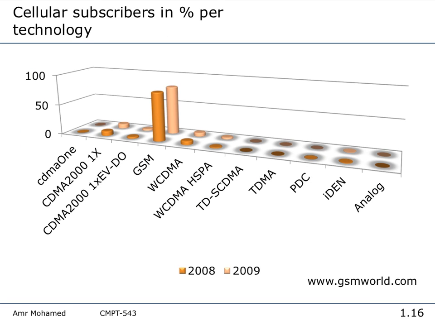So this is how it looked like. Again, this is pretty old, from 2008 and 2009. And as we can see, there is a huge peak for GSM compared to all other technologies, right? So GSM is really the predominant standard in 2008, 2009.